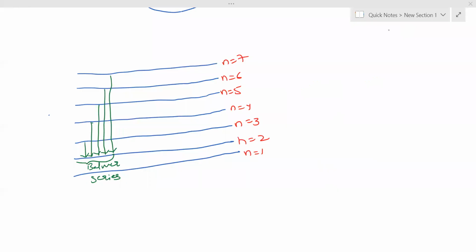Now transitions to n equal to 1 are called the Lyman series. So it will be like in here. These are the transitions. Obviously, even from higher ones also, and it is Lyman series.